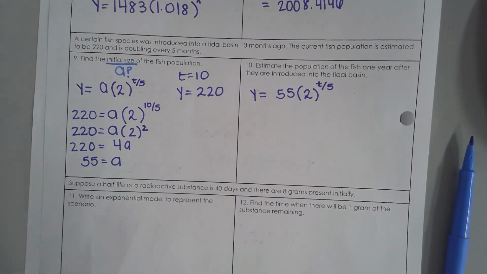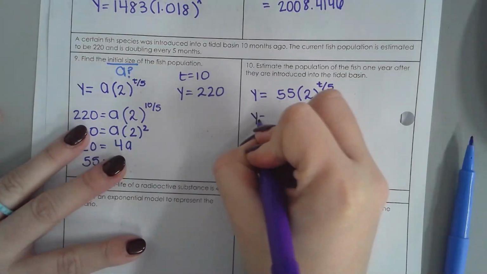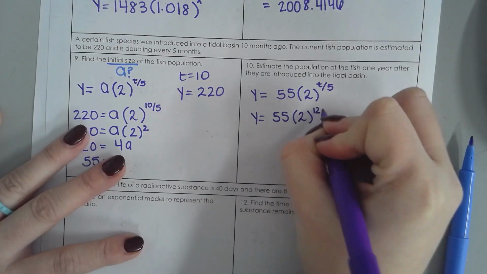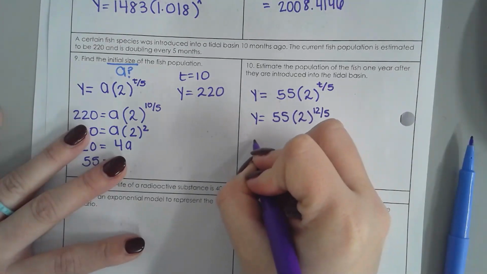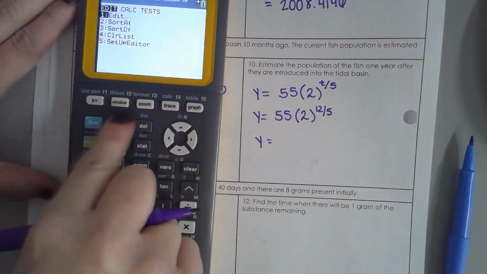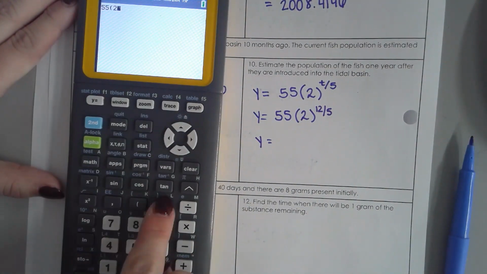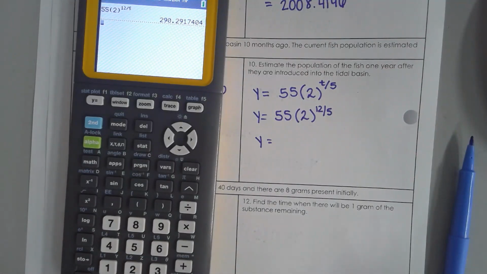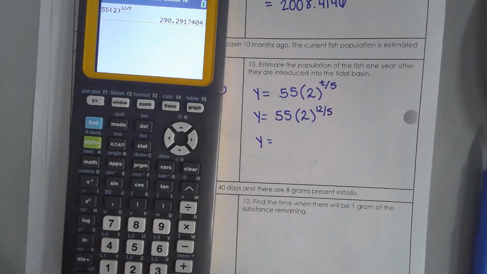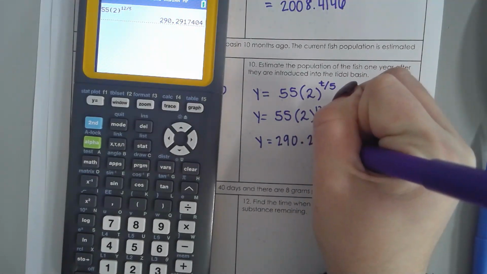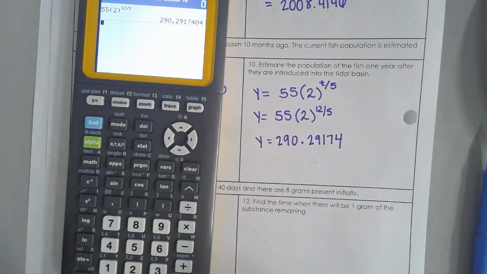So what am I going to put in for t? 12, right? So y equals 55 times 2 to the 12 over 5. And we get 290.29174 fish.